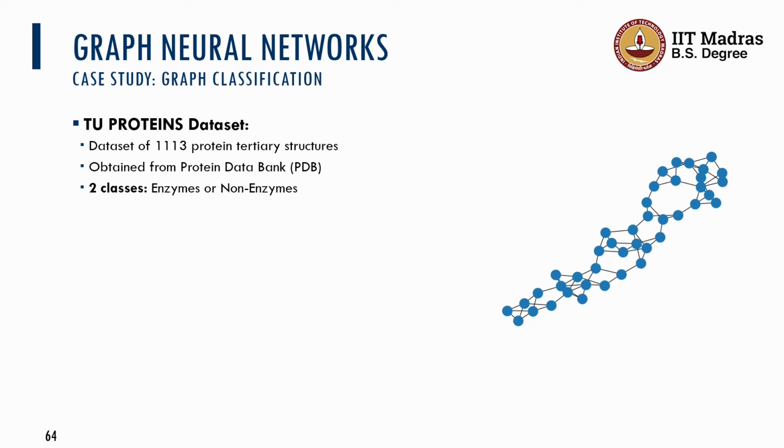The third example is the protein datasets, where we are going to use 1113 protein tertiary structures. Here I'm just showing you a structure which is obtained from the Protein Data Bank, an open source protein data bank where we can get tertiary structures of proteins.